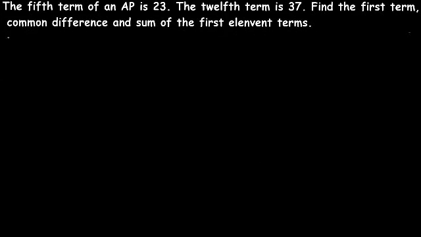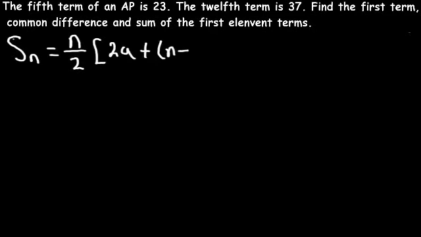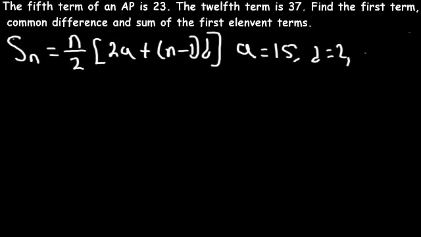Now we know that S sub n is equal to n by 2, multiplied by 2a plus n minus 1 d. Perfect. So we know that the value of a is 15, d is 2, n is 11. Now it's easier for us to get S sub 11.